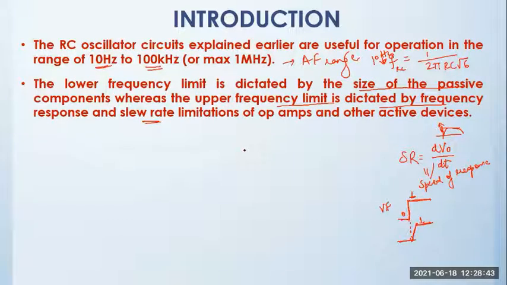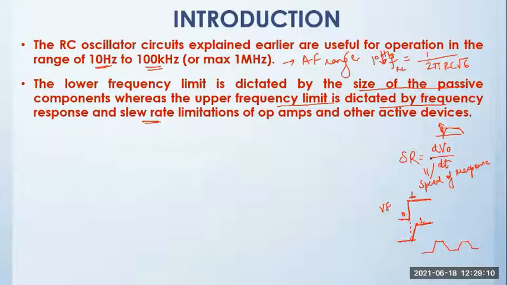Remember, the higher the frequency of oscillation needed, a square wave may not appear like a square wave. It may look something like this. A square wave will look something like this if I try to use an oscillator to generate a square wave. That is because of slew rate limitations. Similarly, the size of the components becomes too large.